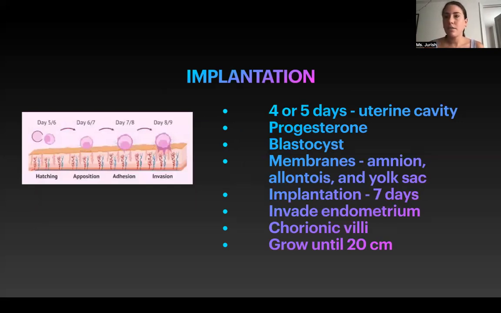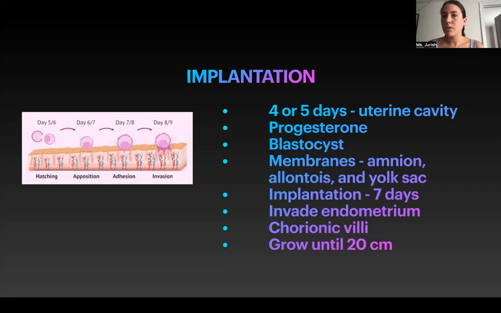By the time the developing embryo reaches the uterus, it consists of a hollow ball of about 100 cells called a blastocyst. Some of the outer layer of blastocyst cells will become the chorion, which is an extra-embryonic membrane. It will enclose the embryo and form the placenta. The inner cell mass of the blastocyst will develop into the embryo and into 3 other extra-embryonic membranes.